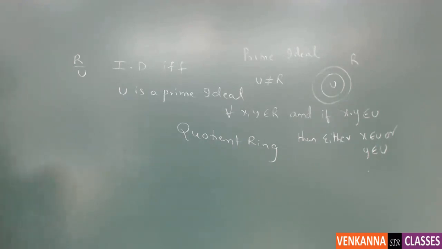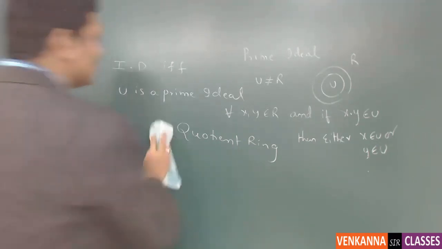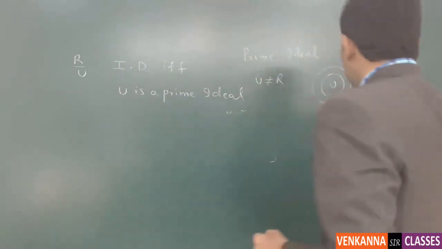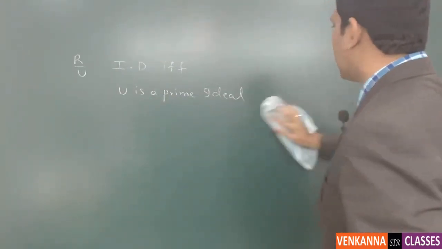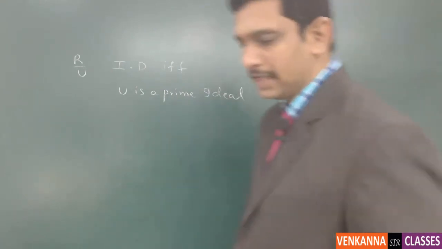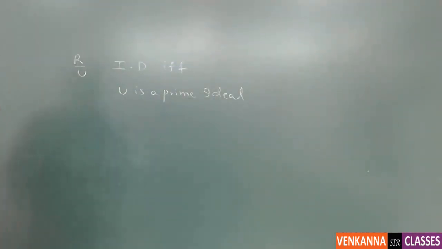So the quotient ring R by U is an integral domain if and only if the ideal we have taken must be a prime ideal. After noting, please tell.